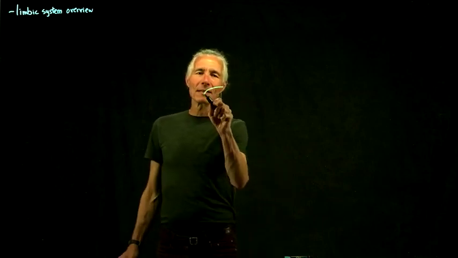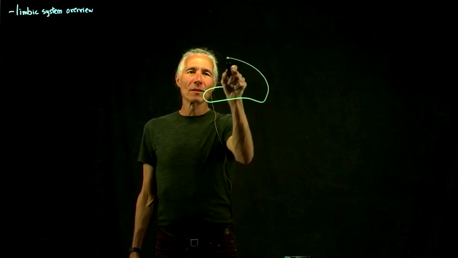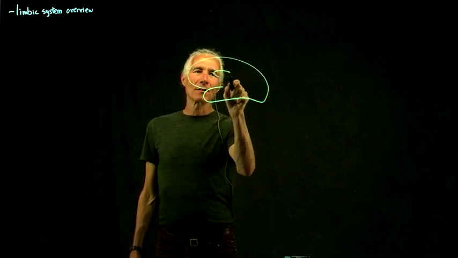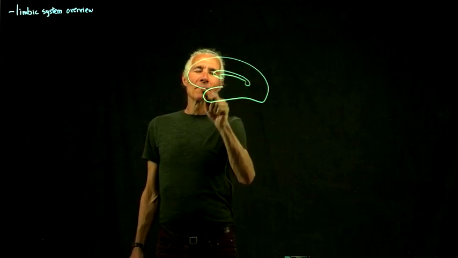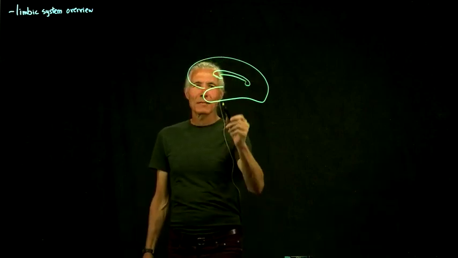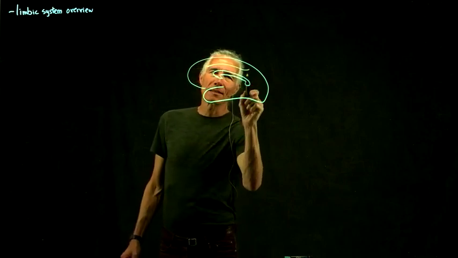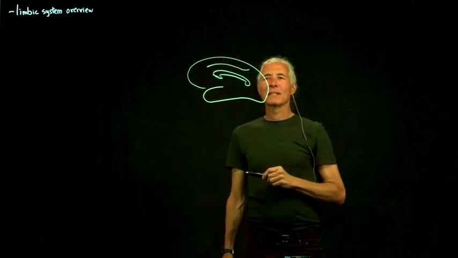If you go around the medial wall of the brain, there's the corpus callosum like that, and the cingulate sulcus sitting right there.